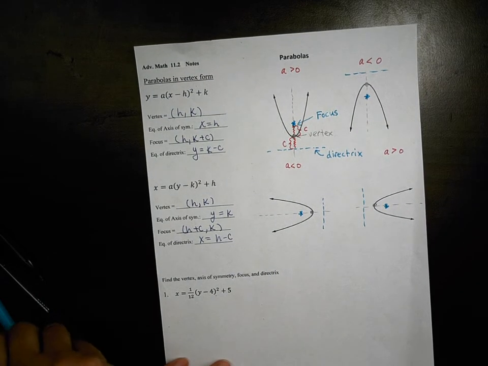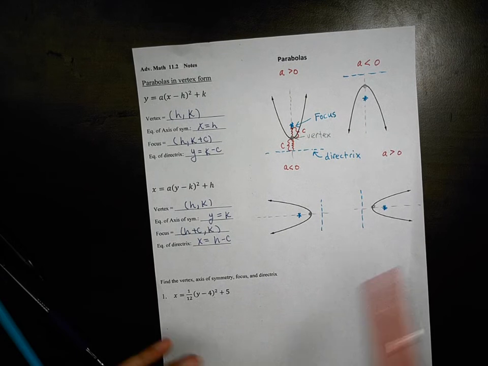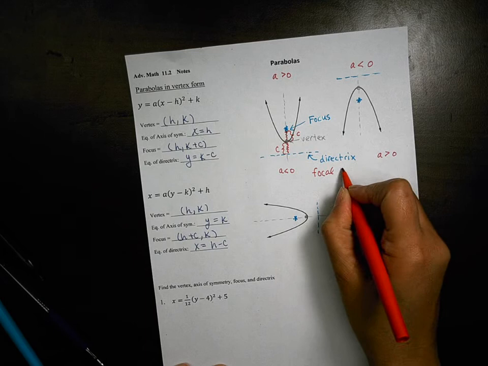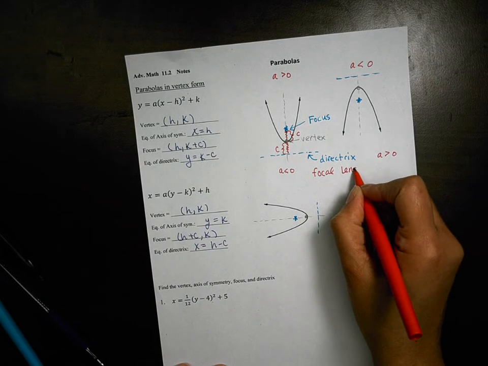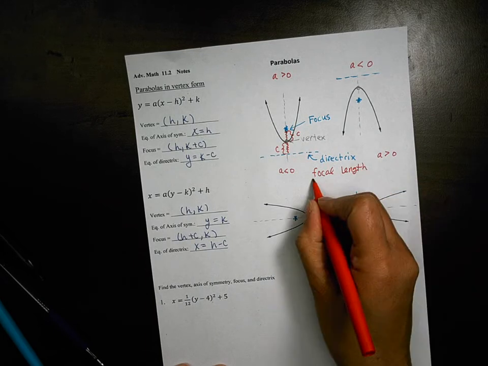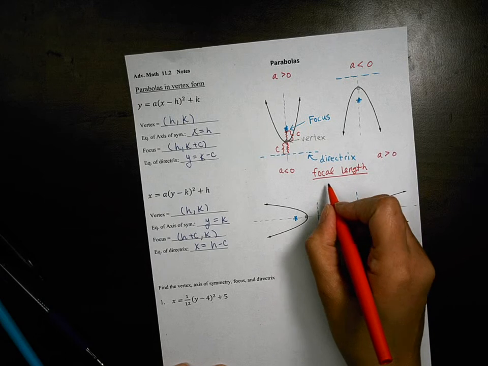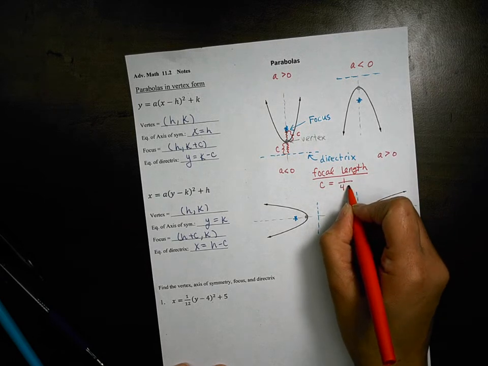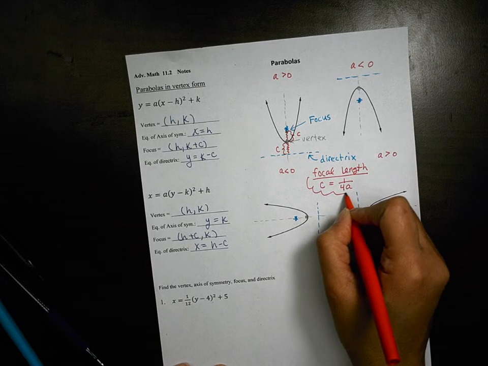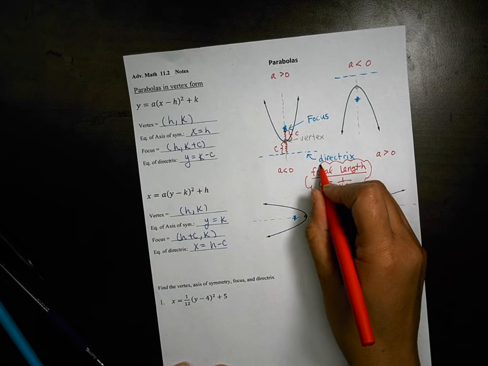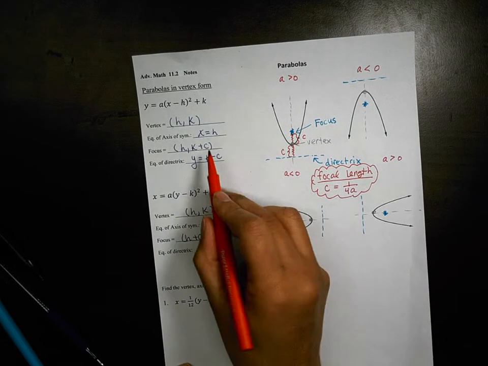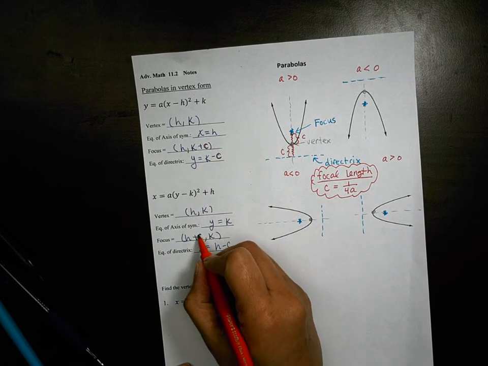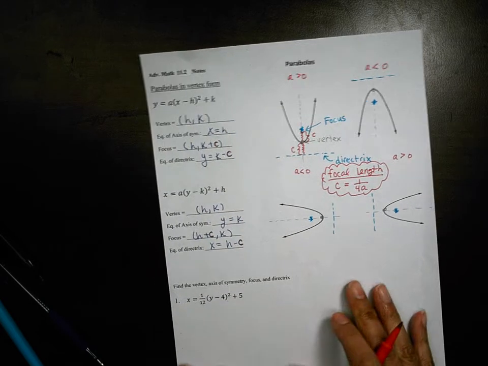Okay, so I am going to write that down. Focal length is what it's called, and it's c equals 1 over 4a. That's the c here and here that we used in the formula there.